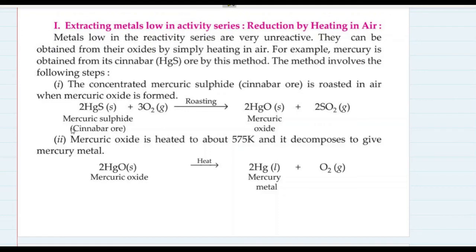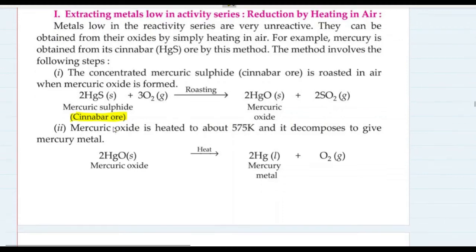This mercuric sulfide is known as cinnabar ore. First we heat it in the presence of oxygen, that is roasting, and the oxide of mercury which is obtained is simply heated. Simply heat it, no reduction needs to be done. If you just heat it, mercuric oxide will get converted into mercury metal. That's it, you get liquid mercury. Just imagine, how sorted and simple the metals low in the reactivity series are.